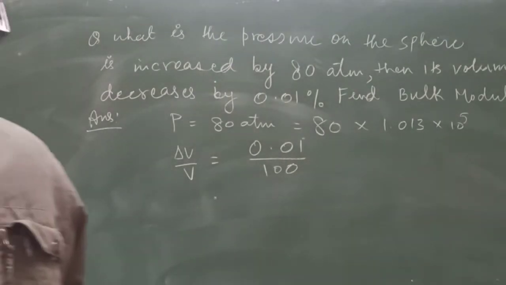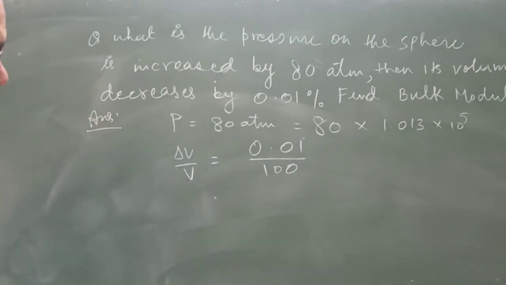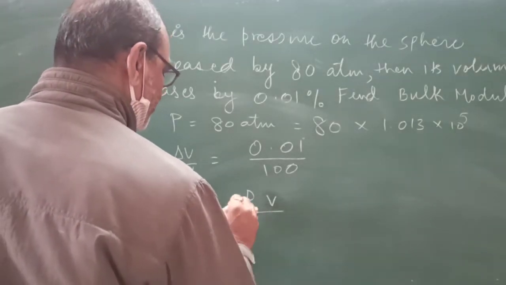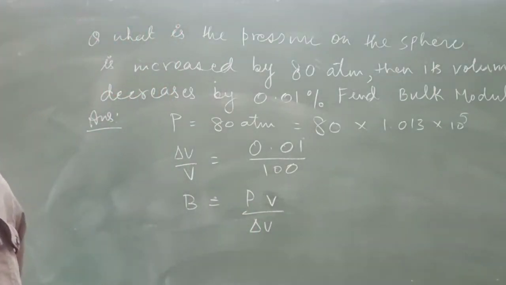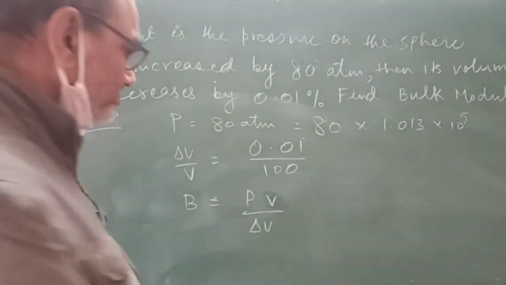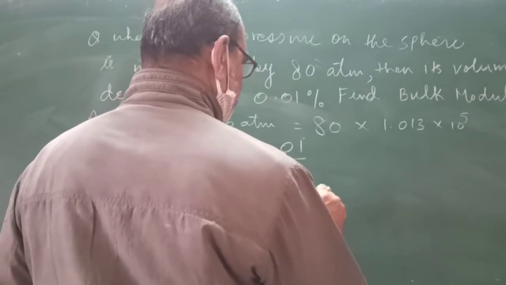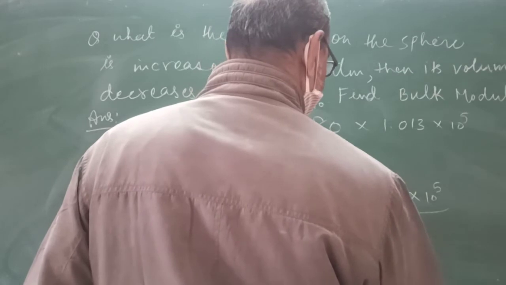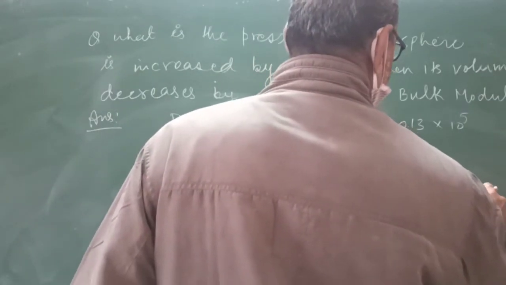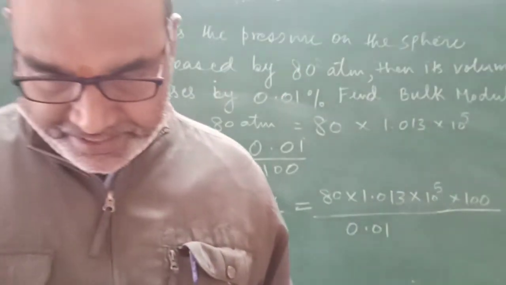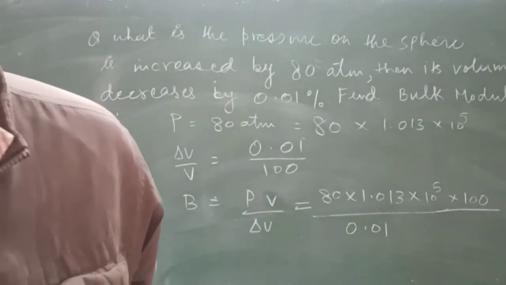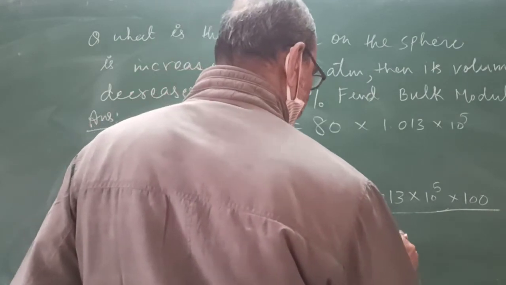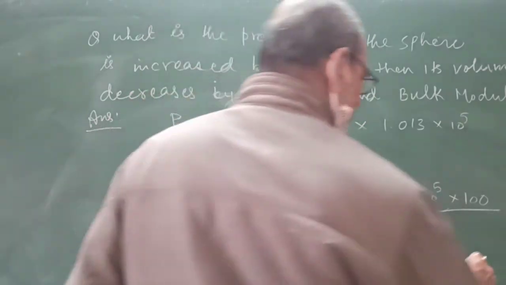Then you have to calculate the bulk modulus of elasticity: K is equal to P V by delta V. We ignore the negative sign and we get K equal to 80 into 1.013 into 10 to the power 5 into 100 by 0.01, and its value comes out as 8.1 into 10 to the power 10 Newton per meter square. That is the answer.